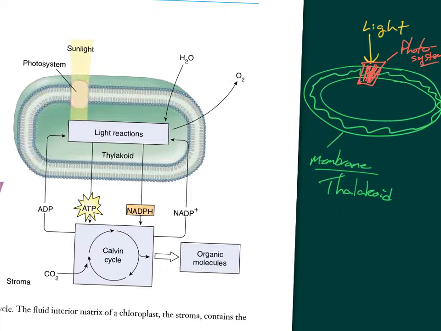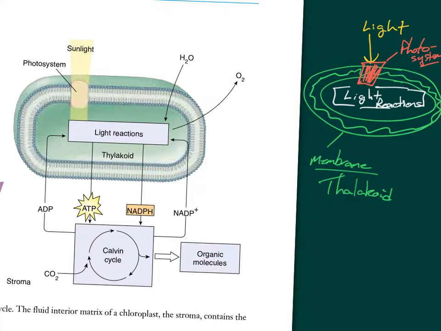So the photosystem's there in the membrane, and inside the thylakoid is what happens, what we call the light reactions. This whole week is all about breaking this up into light reactions and dark reactions. Then we'll look at respiration as well.